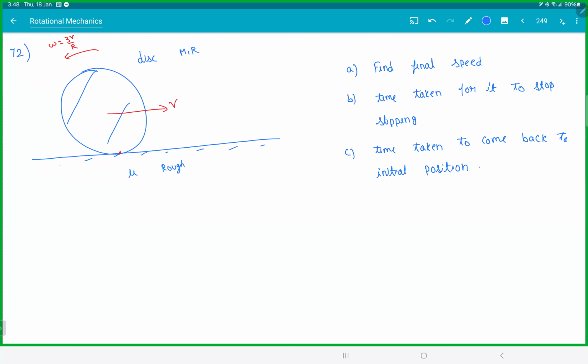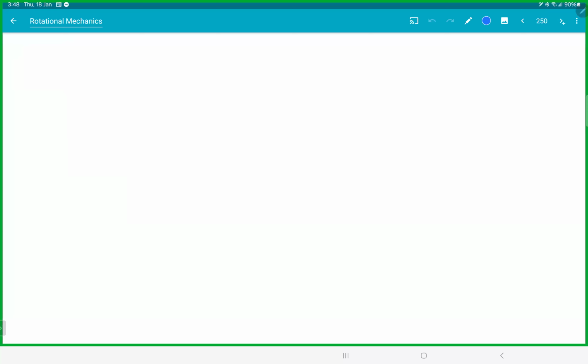First thing seen: when this guy is skidding, what are the forces? I'll show you how to do it both ways. Since it is slipping, I'm sure the friction is maximum here. So this is F max, that will be mu mg. From here, you can find the acceleration, which is mu g. This will also generate alpha, and you can't take torque about point A because it's a non-inertial frame.